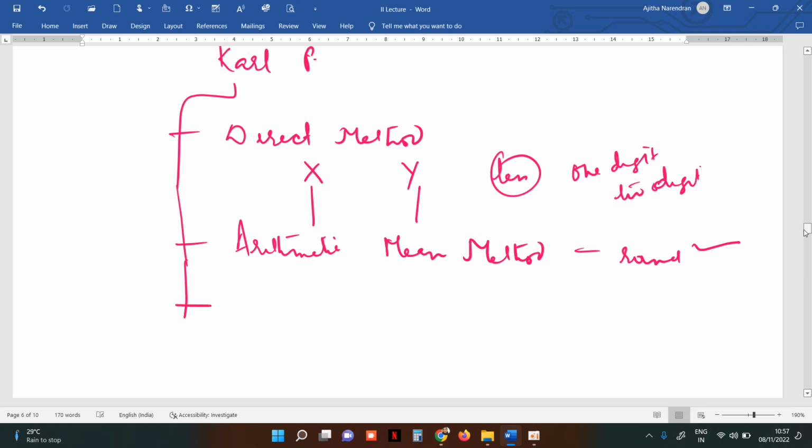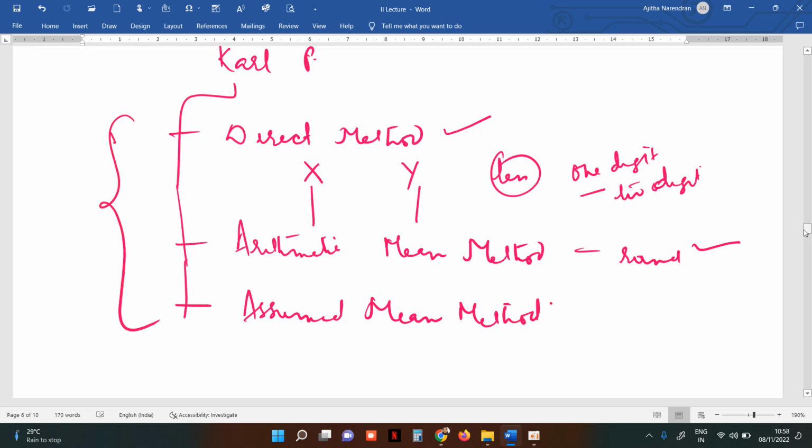The third method is assumed mean. If the mean is not in round figures and the values are bigger, with 3 digit or 4 digit data, squaring them gives bigger values in the direct method, so you can better use the assumed mean method. But you can use any method as per your convenience. I have told you the situations when you can use each.